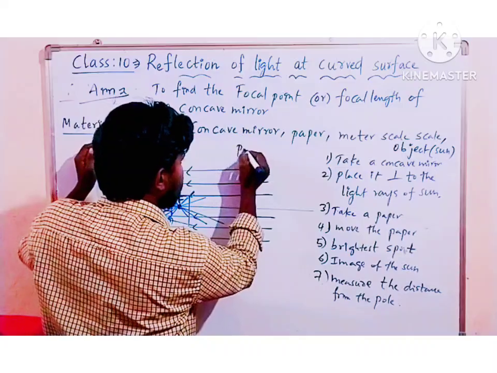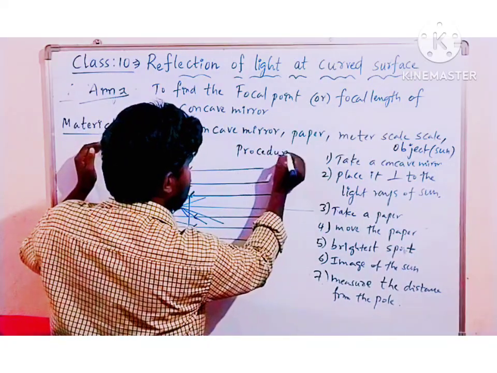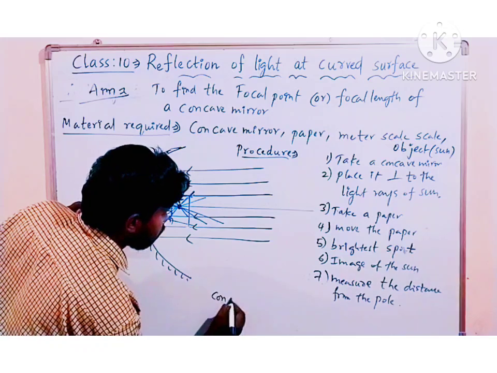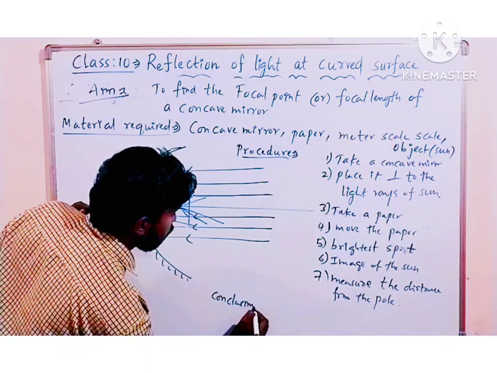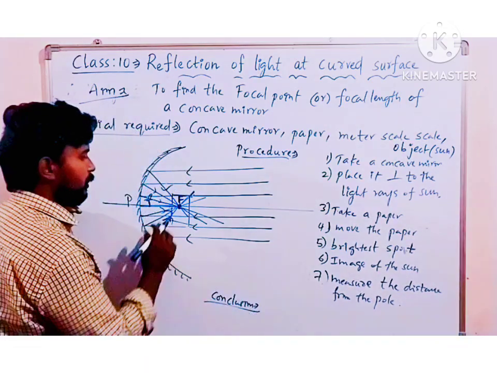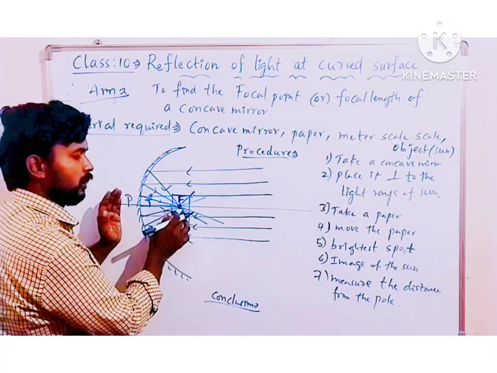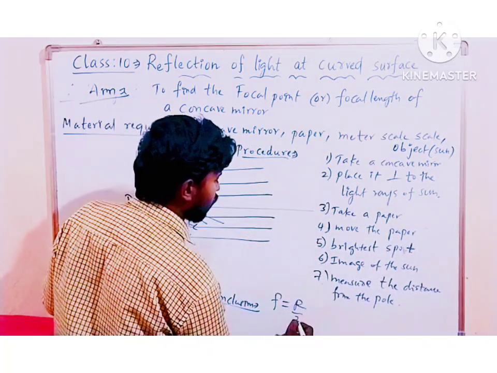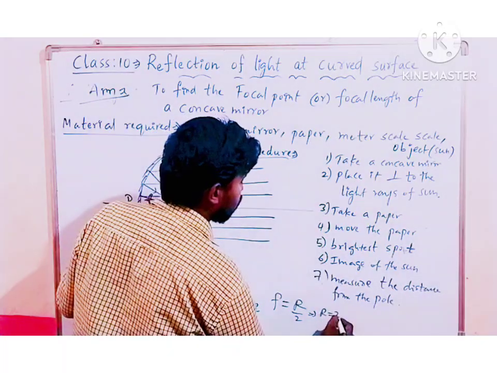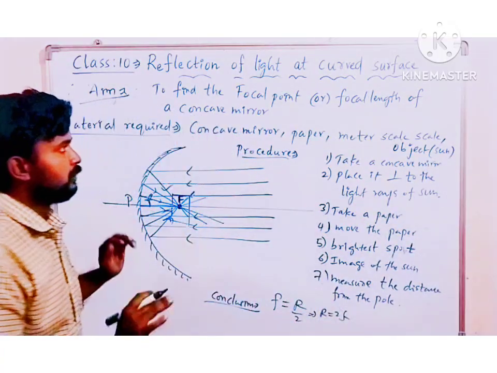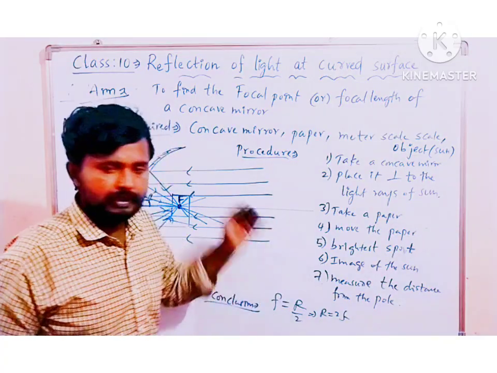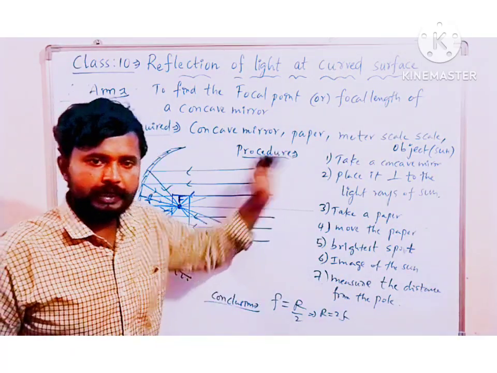Next you have to write the procedure. Then the conclusion: when you measure the distance from the pole to the focal point, it gives the focal length f, where f equals r by 2, so r equals 2f. This is how we have to write the answer to the given question in the exam.